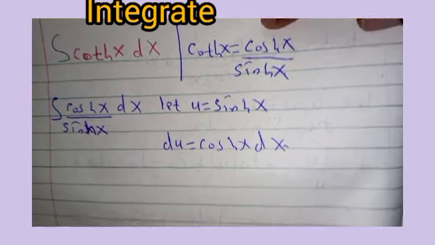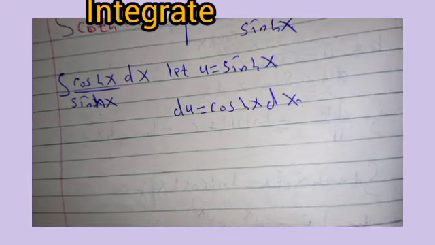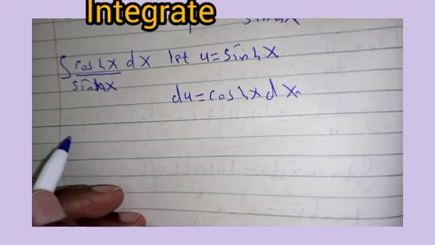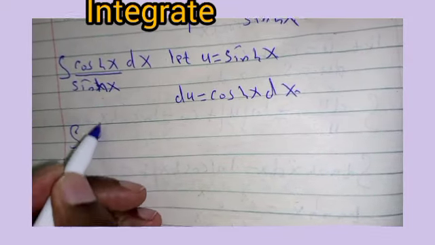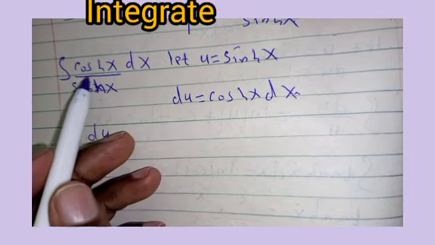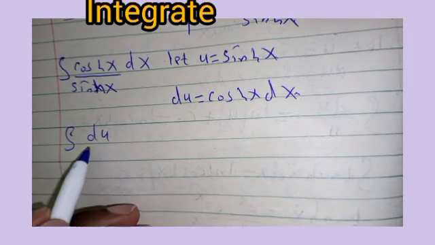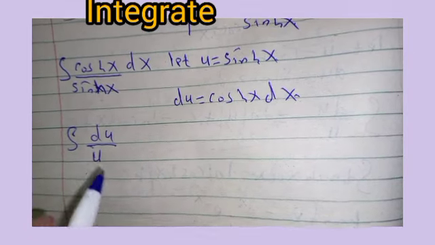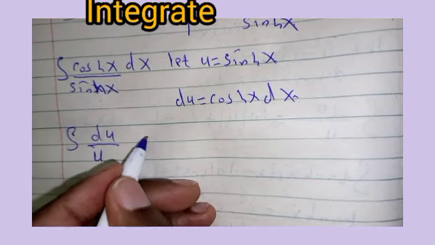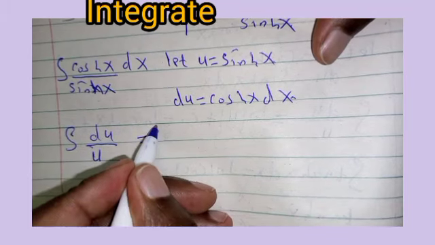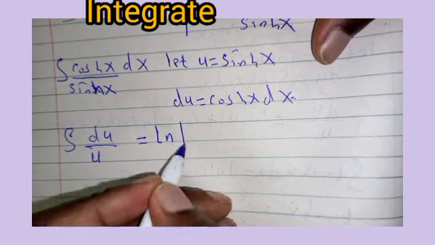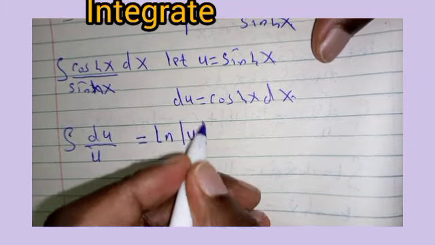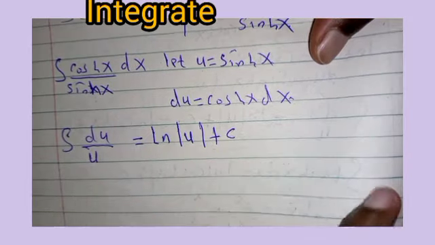So we substitute that to obtain the integral of du divided by u, which when you integrate, will give you natural logarithm of u plus c.